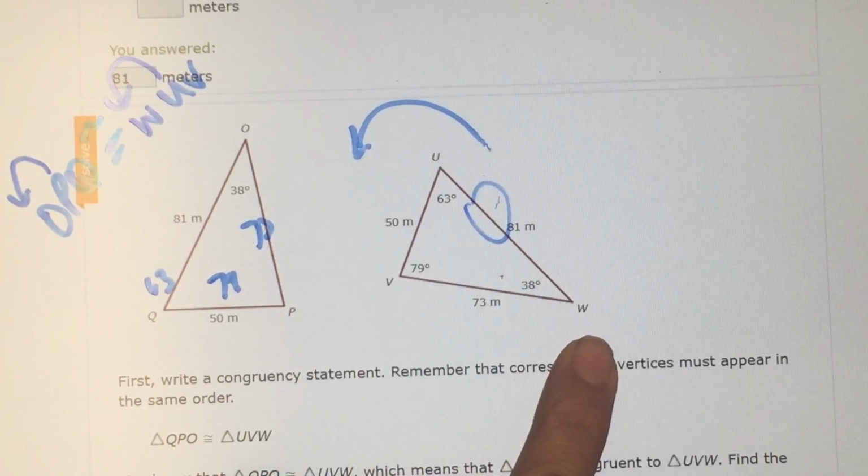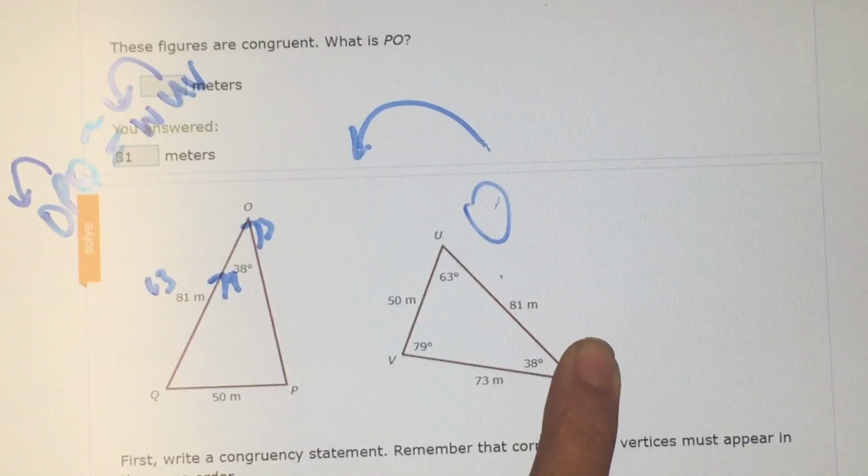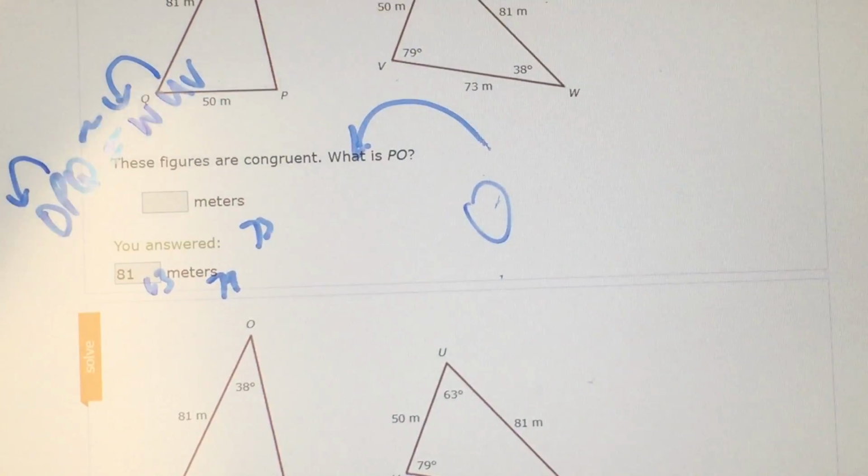So W. When I make it stand, it looks like that. So it's V. What's wrong with that?